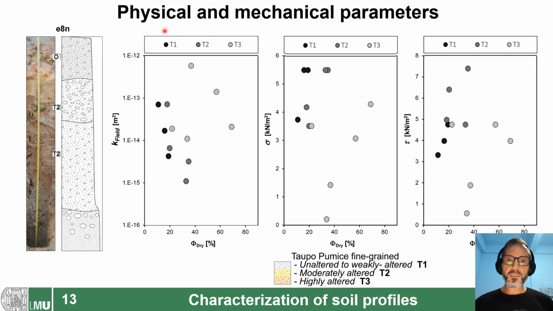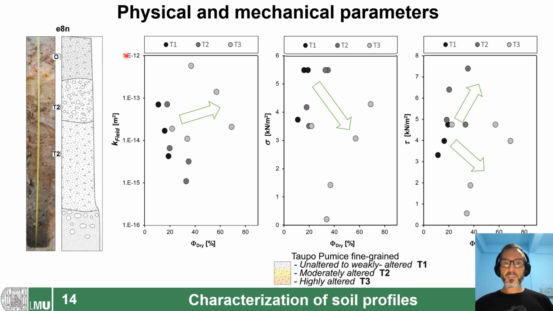In particular, the ash or fine component dominated layers, T1 to T3, range from low porosity far away from altered areas to increased porosity approaching vents, fumarolic spots or degassing sites.